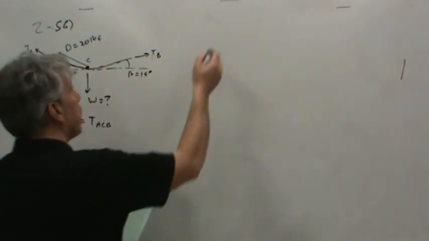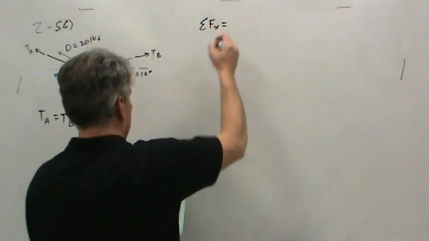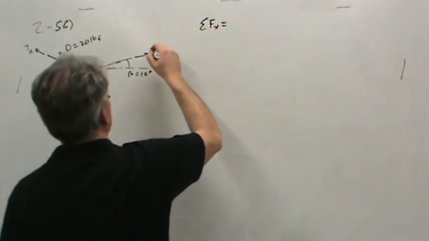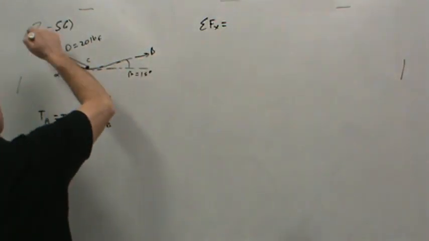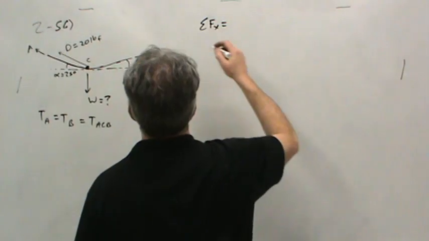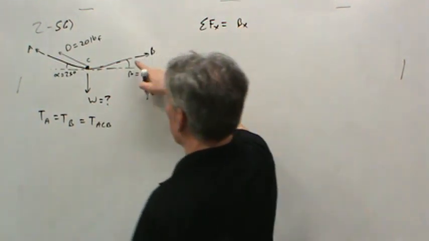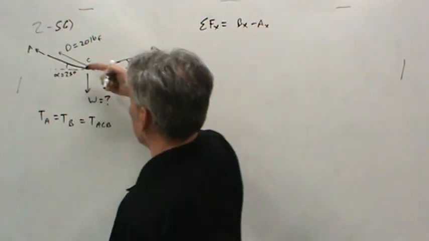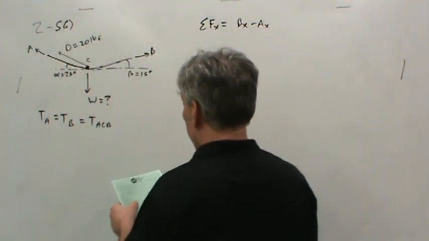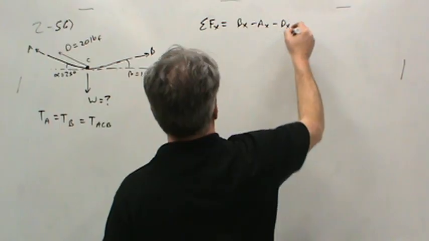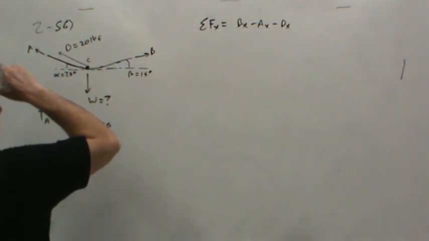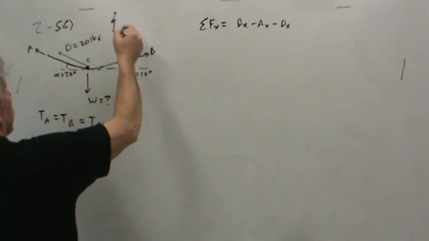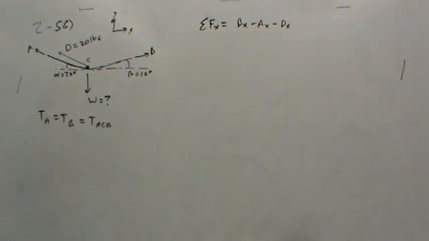To find the weight, I'm going to sum forces in the horizontal direction. Instead of calling that TB, let me just call this force B and this force A, which means less writing. There's a horizontal component of the force in the cable at B, a horizontal component at A, and a horizontal component of force D. I'm using a typical right-handed coordinate system: x to the right, y up.